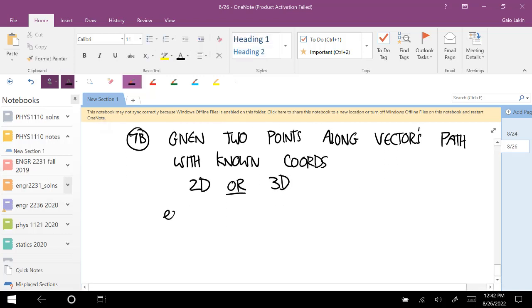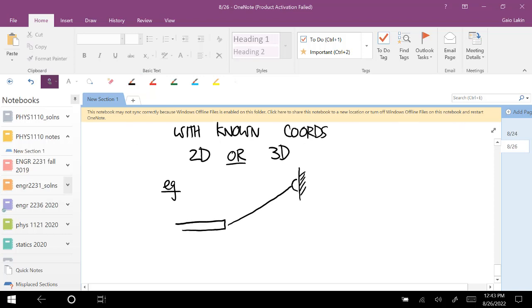So for example, let's say we have the end of a beam and a cable that connects this beam to a wall. And let's say that we know the coordinates along this cable are 5, -6, and 7, -5. And we want the unit vector going this direction because that's the direction of a cable force that would be applied to that beam.